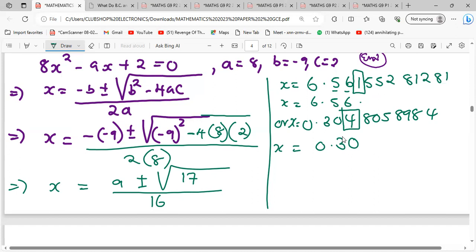Basically, that's what you need to do. You can always counter check. You may make an error when you're punching on your calculator. So if I counter check on the first one, I don't think I divided by 16.